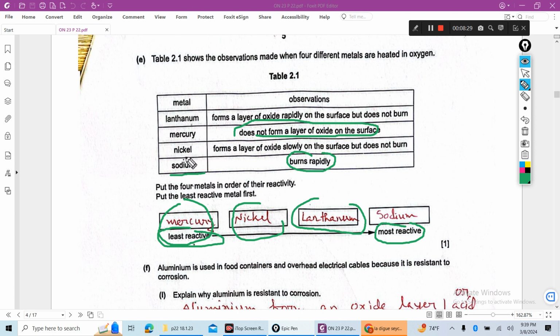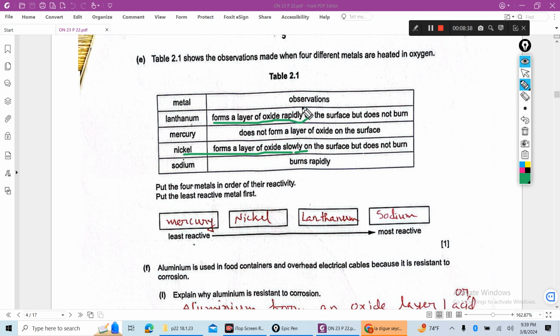Why? Nickel forms an oxide layer slowly, but lanthanum forms an oxide layer rapidly. So lanthanum is more reactive than nickel. Reactivity increases: most reactive sodium, least reactive mercury.